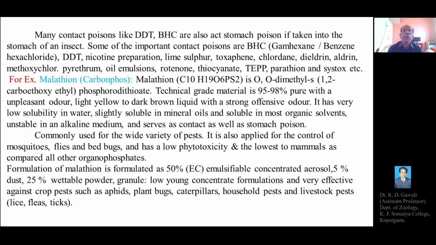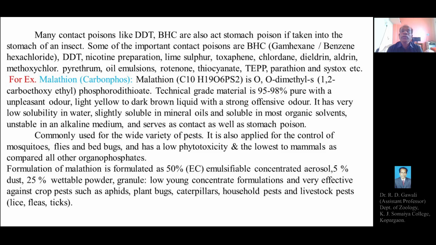Some of the important contact poisons are BHC, commonly called gammexane or benzene hexachloride, and DDT. The long form of DDT is 2,4 dichloro diphenyl trichloroethane.